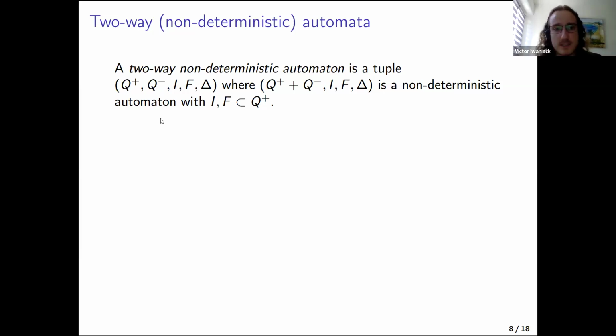Well, a model of that is you take basically the same data as a non-deterministic automaton, but you separate your states into positive and negative states. I will explain what it does. Also, I need a constraint, I will explain later: I need initial and accepting states to be positive.